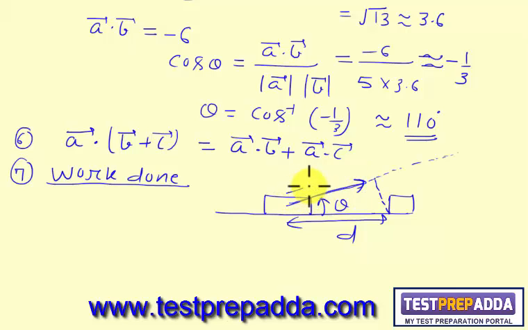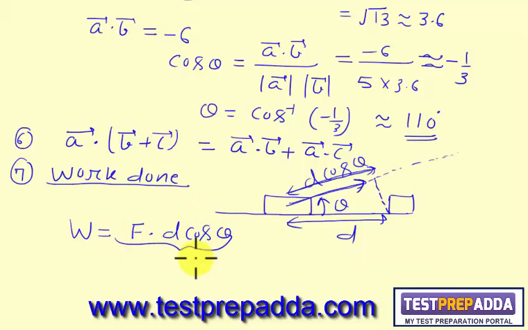This way, you will get the displacement of the body in the direction of the force, and that is D cos theta. So what will be the work done by this force? It will be force into D cos theta. Now recall the dot product definition. Since here it is F into D cos theta, I can write this as F dot D, where this is the force vector and this is the displacement vector.